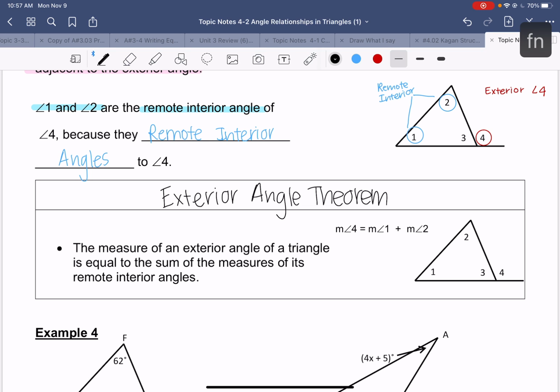So, like it said up here, angle 4 is congruent or is equal to whatever angle 1 and angle 2 are added together. Okay. So that's why we needed to know what kind of angles they were and how you would be able to recognize them, because our two remote interior angles add up and equal our exterior angle.